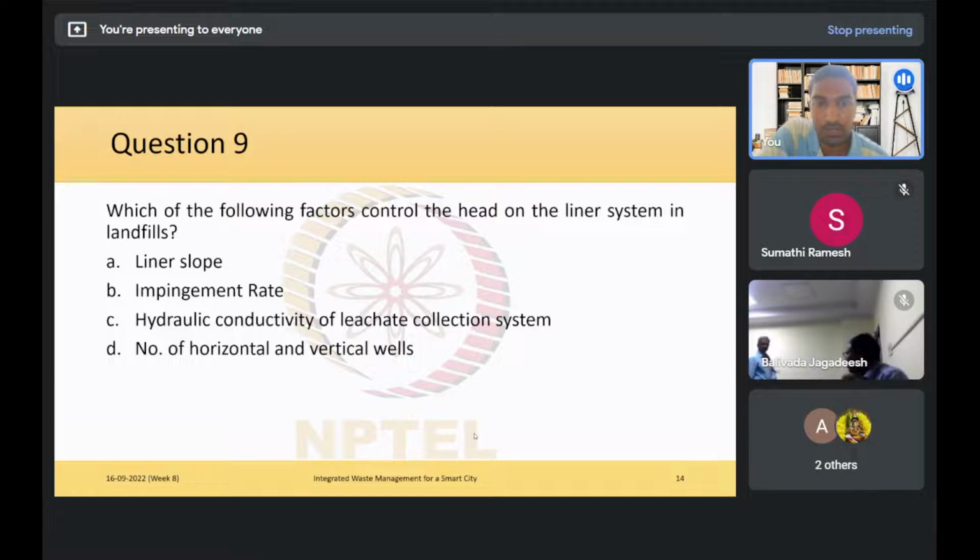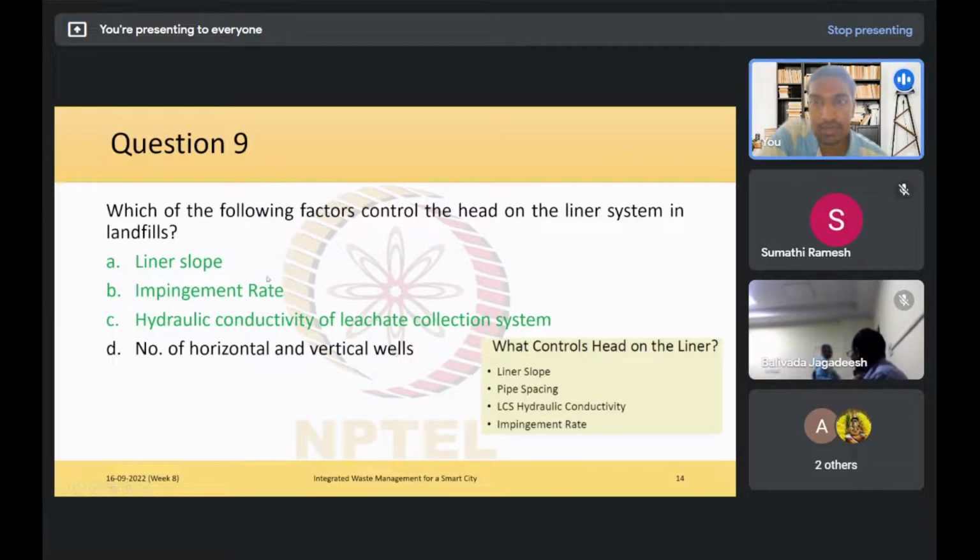So most of you have rightly said it is A, B, and C. All these three factors affect the head on the liner system, but D doesn't affect, right? So we'll look at how they affect. Liner slope: when we have a higher slope on the liner, it means that at a higher rate we can get the leachate out of the landfill, right?